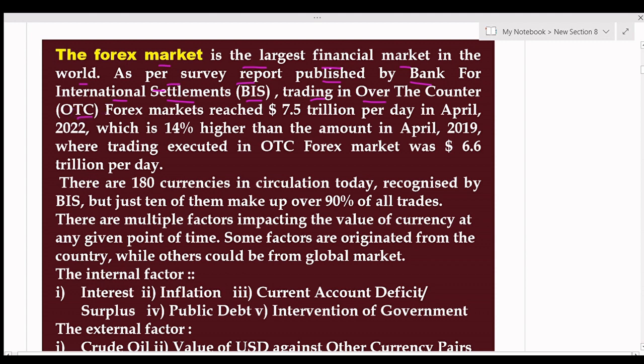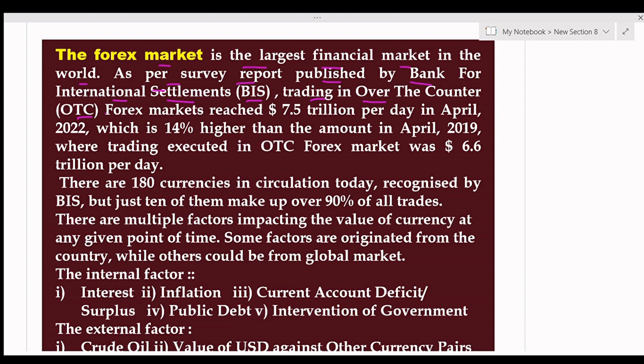OTC means it is a forward contract which is executed between two parties through a linkage with banks, authorized foreign exchange dealers and brokers via a network of telephone, computer terminal and automated dealing system.